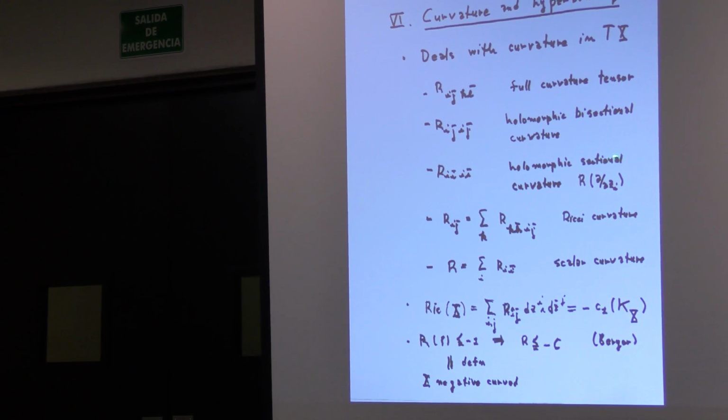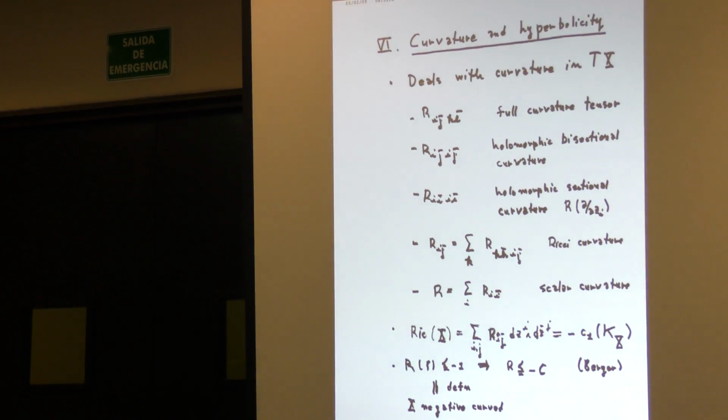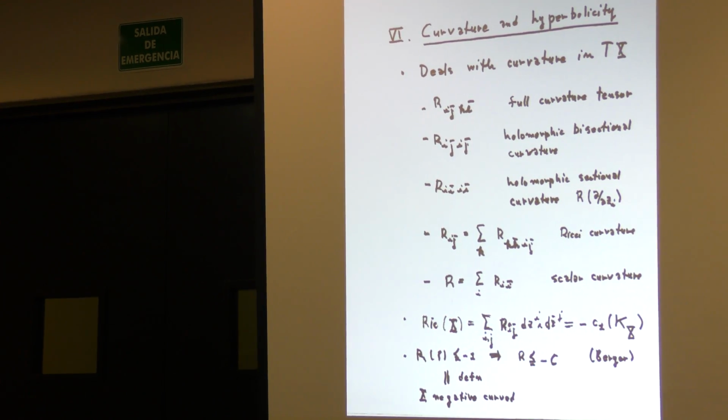A complex vector, it and its conjugate, will span a real two-dimensional plane, and take two of those. Then there's what's called the holomorphic bisectional curvature. That's this thing here, i j-bar, i j-bar. Then there's the holomorphic sectional curvature. That's like the Riemannian sectional curvature, except it's in a complex plane in the tangent space.